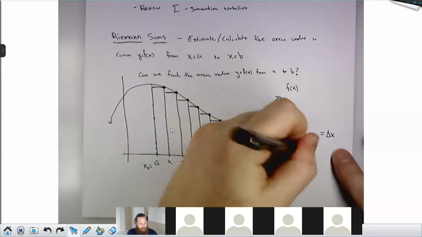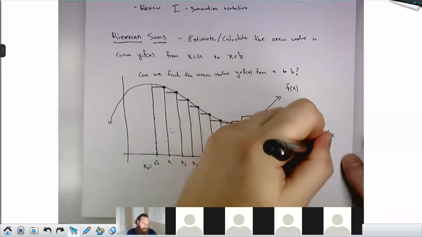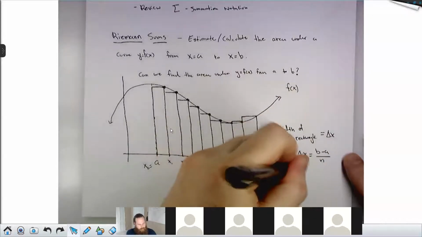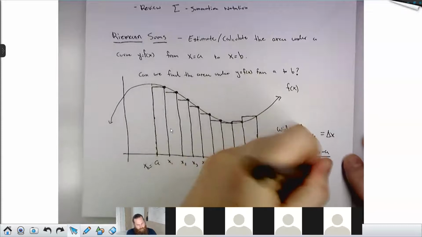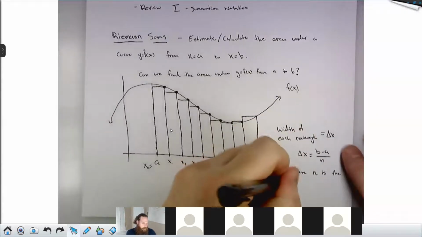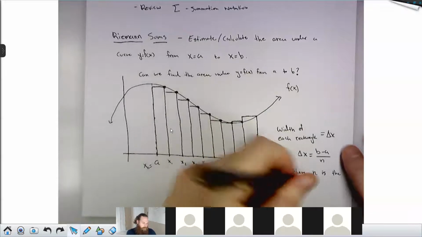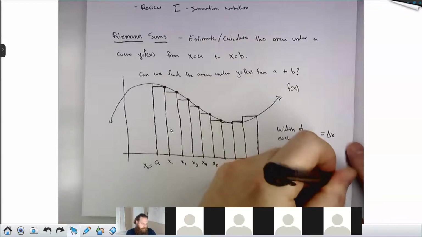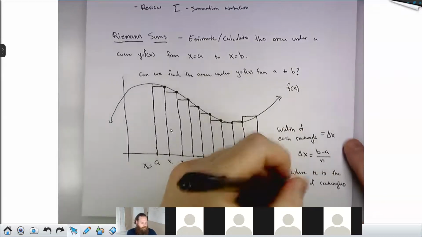And delta x is always calculated as b minus a over n, where n is the number of rectangles we want to use.